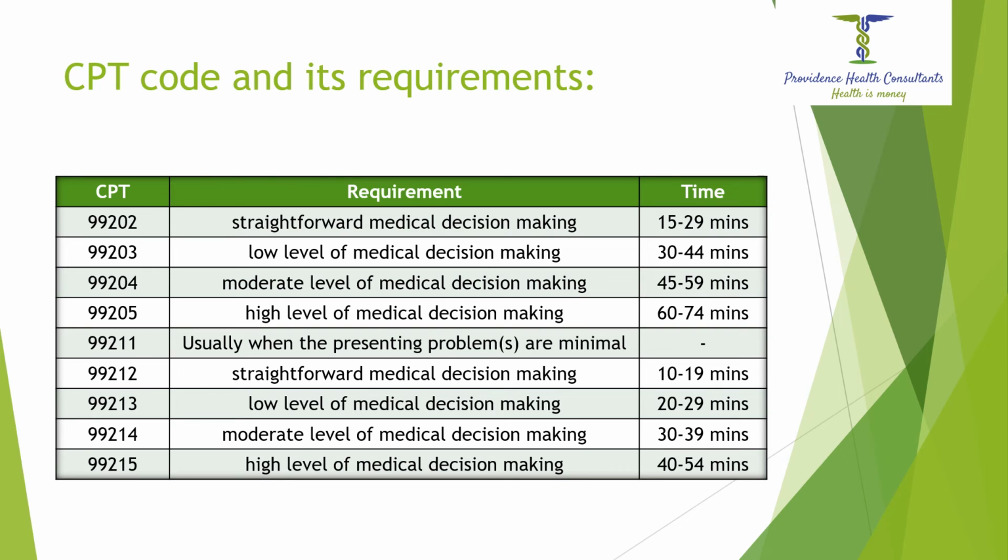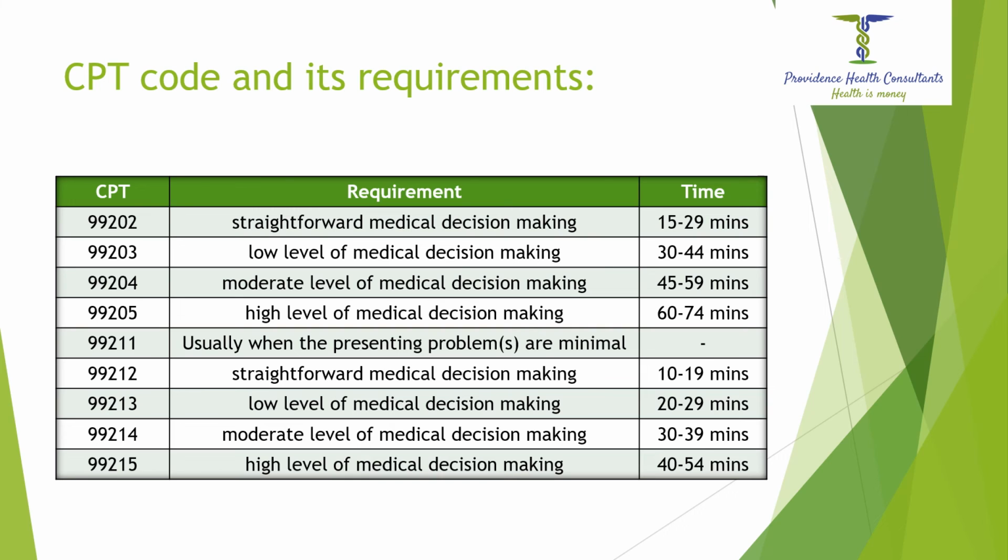In the same way for 204, 45 to 59 minutes. For 205, it is 60 to 74 minutes. So if we want to bill for the higher level, then we need to mention the time spent with the patient. And in a similar way, it is for established patients 212, 213, 214 and 215. So based on the time spent, we can go for the levels.